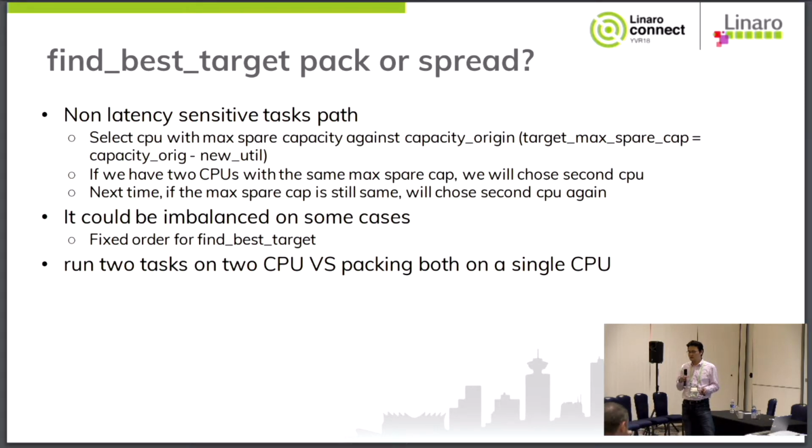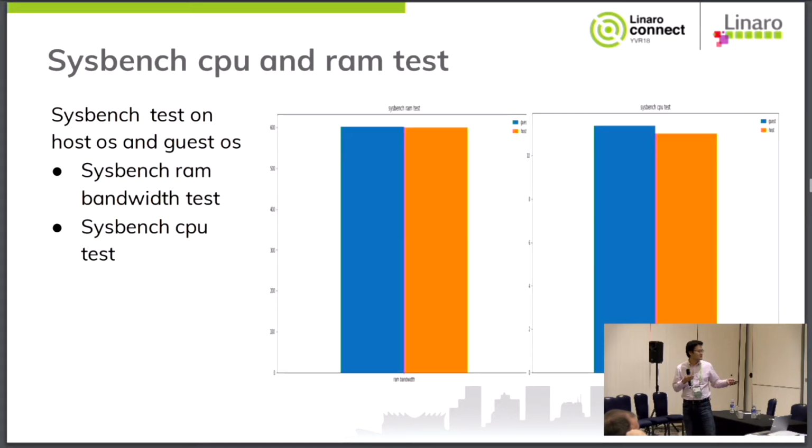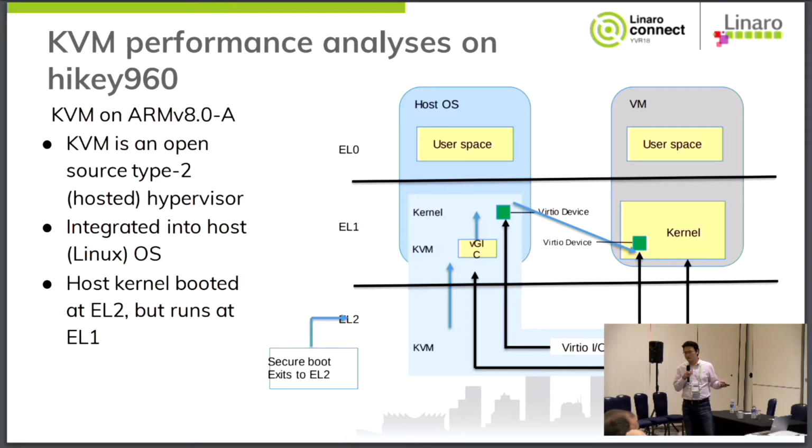Then, for example, if it is a virtual disk I/O request, the front-end driver in the guest OS at EL1 will go through the virtio interface to communicate with the back-end driver in the host OS at EL1.